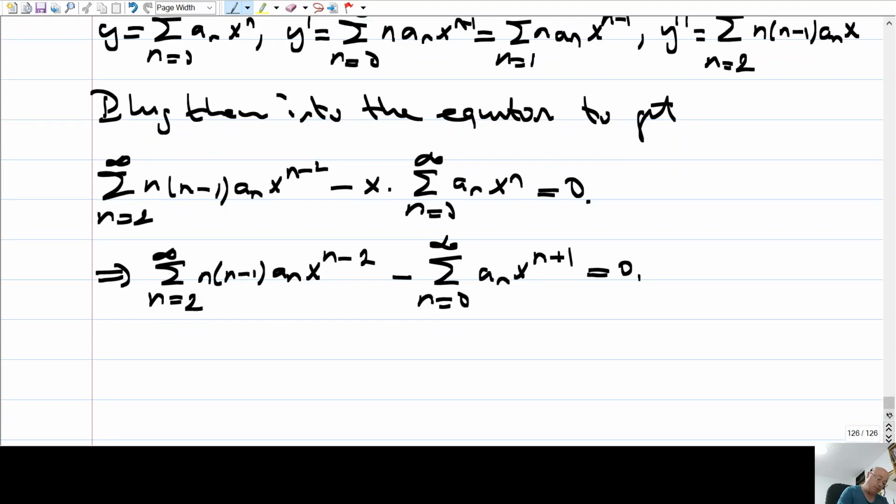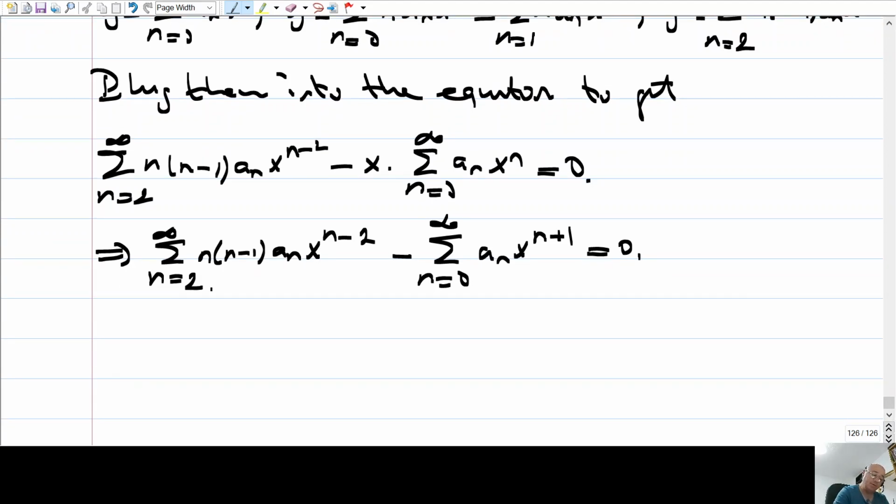Alright, now next thing we want to do is to combine these two summations into a single summation. But you see the exponents of x are different. First I have to equate them. How can I do this? Let me make this x to the power n. I can do it by replacing n with n plus 2.